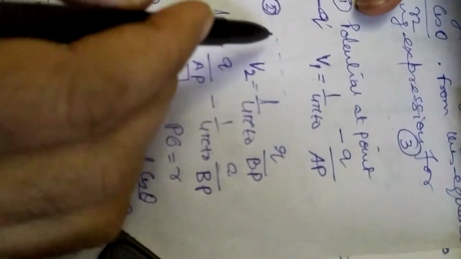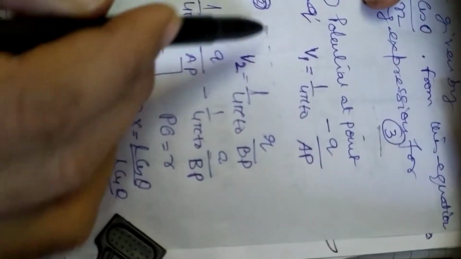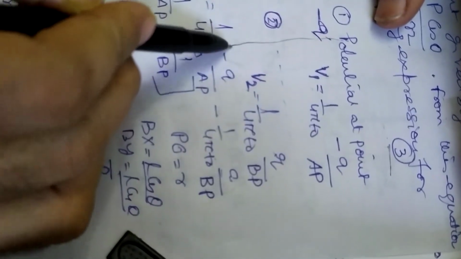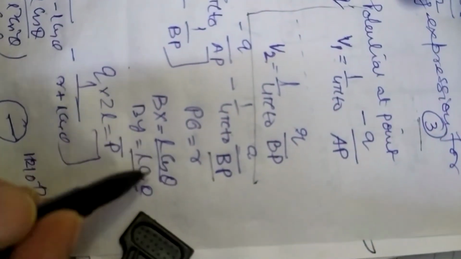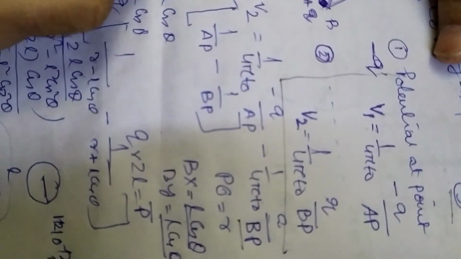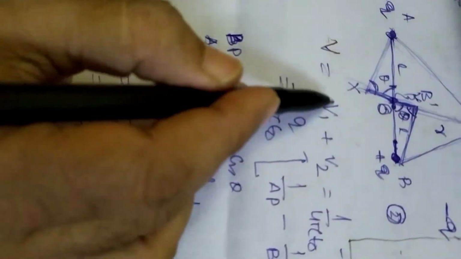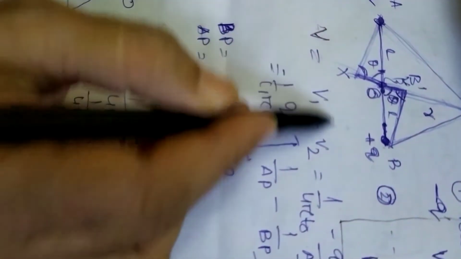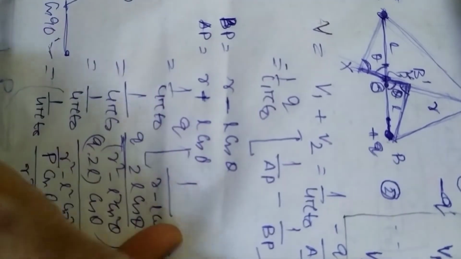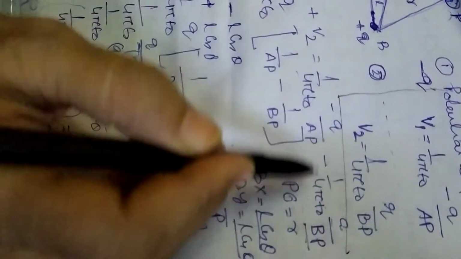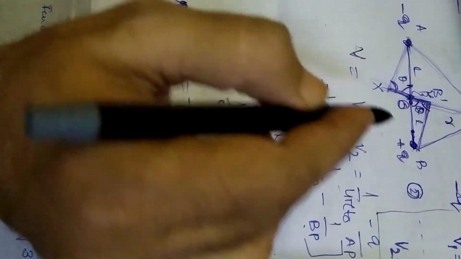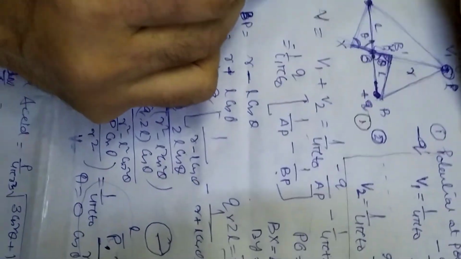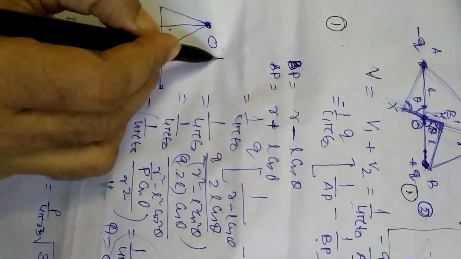Now students, suppose we have 3 marks here. 1 mark will be given for this V1 and V2 that we have derived, and for the expressions of BP and QP. The second mark will be for adding V1 and V2, and you have to mention that it is a scalar sum. So we write this and make the expression for it. So you get 1 mark here, and 1 mark for the final result.